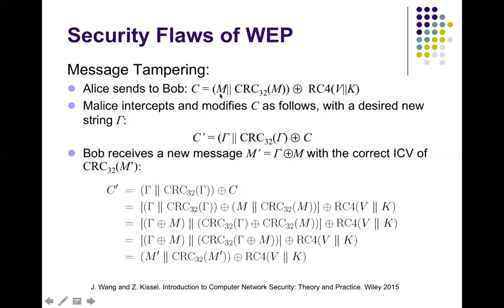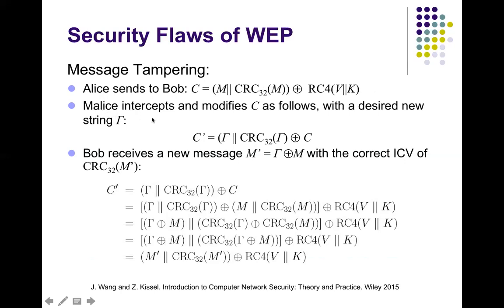As we said earlier, M is the original message, followed by the CRC integrity check value of M. Of course, the purpose of using it is to make sure this M has not been tampered with or modified. Then the encryption is done by exclusive OR with ARC4 on the key, so you get this.